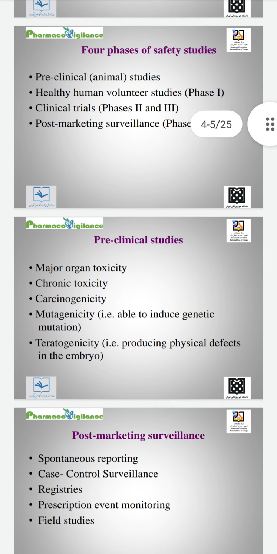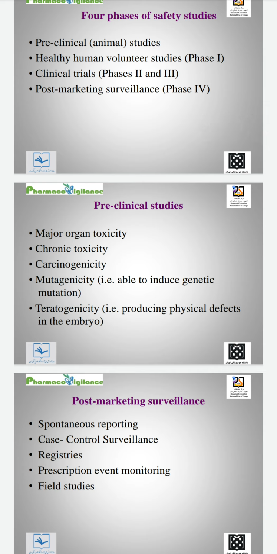In the preclinical studies, major organ toxicity will be studied. Chronic toxicity should be studied. Carcinogenicity and mutagenicity, that means able to induce genetic mutations or not.